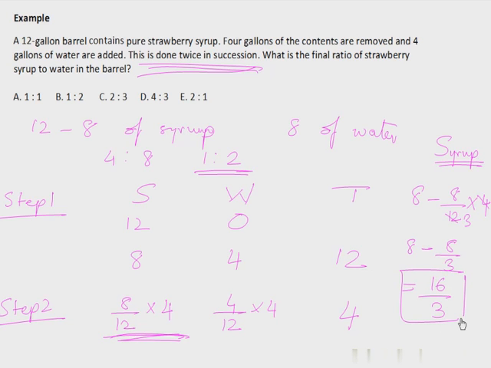So 16 over 3 will be the syrup left over when I remove this amount of syrup the second time round. The rest will be water because this syrup is removed and all water is thrown in. So 16 by 3 will be the final amount of syrup. So what will be the final amount of water? 16 by 3 is the final amount of syrup.